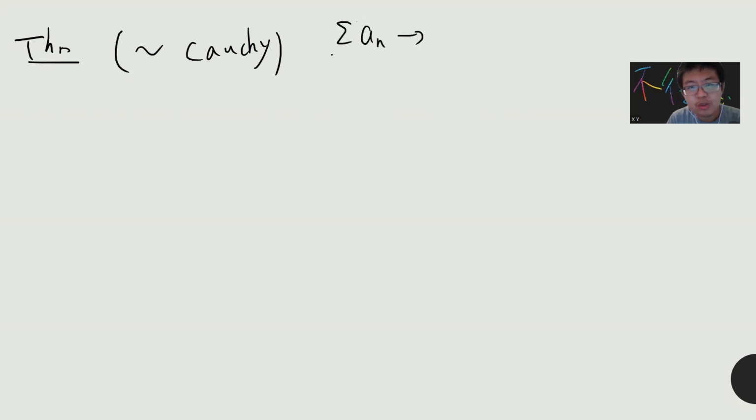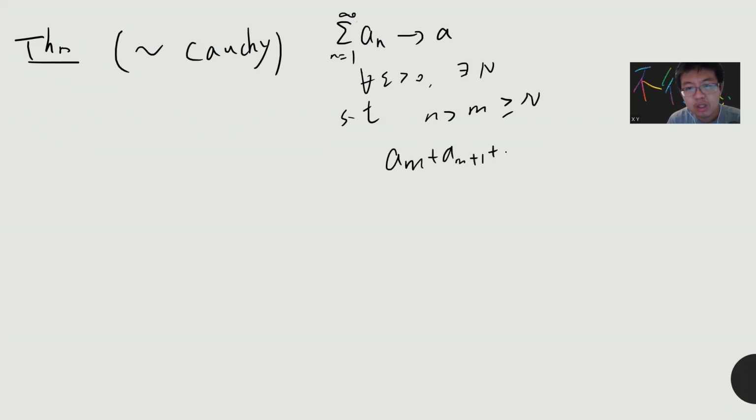Okay, so now a theorem. You can compare this with the Cauchy criterion in the standard results. We know that if the summation of a_n from n equals 1 to infinity converges to something, say a, then for every epsilon greater than 0 you can find N such that when n is greater than m greater than N, the partial sum a_{m+1} up to a_n is less than epsilon.